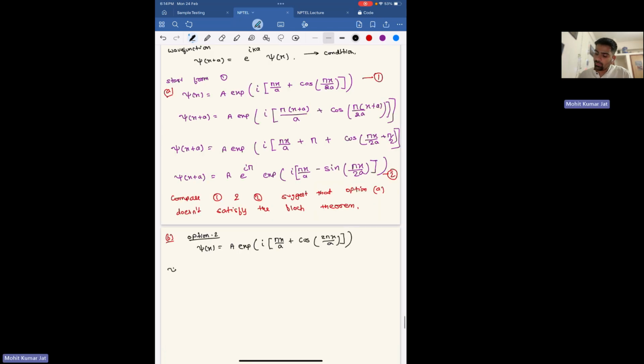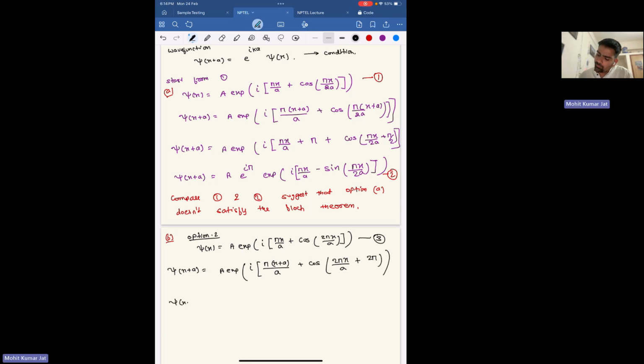Let's call this equation 3. Psi x plus a will be a exponential of i pi (x plus a) by a plus cosine 2 pi x by a plus 2 pi.